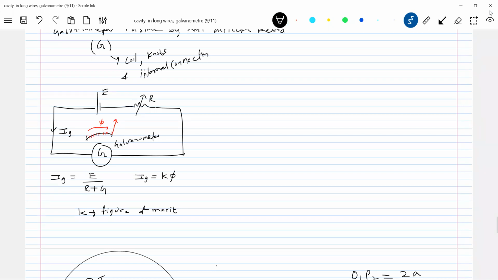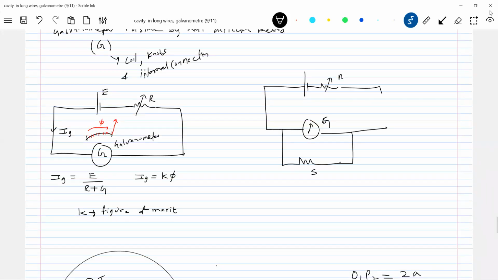Now in the circuit, I'll adjust the value of R in such a way that, and I'll connect a shunt in parallel. The value of S is so adjusted that the current here, let it flow I, now becomes Ig by 2.